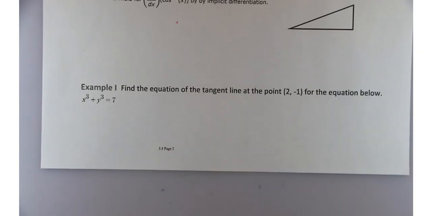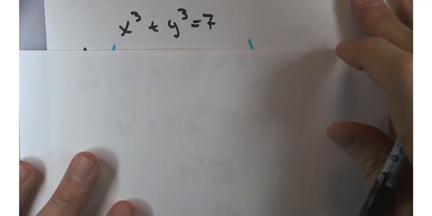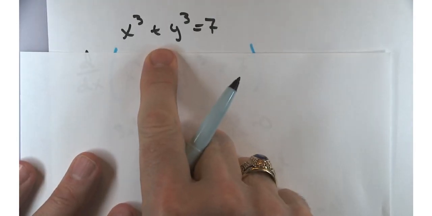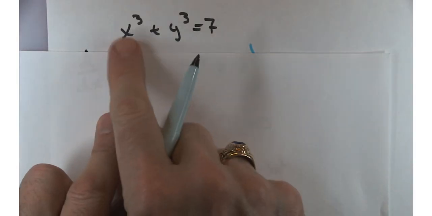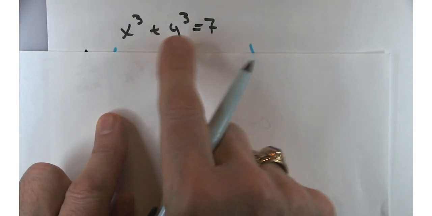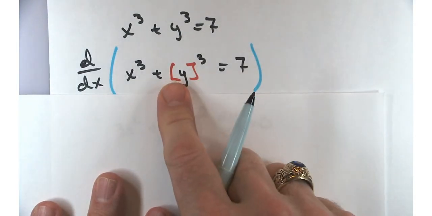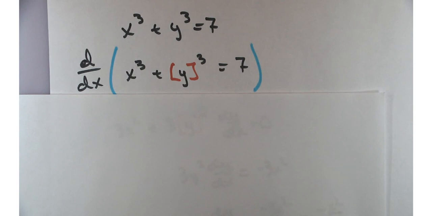Okay, so let's look at this one and roll through it. My suggestion on these, when you're differentiating with something other than this variable, is to put that other variable in some little box there so you remember to differentiate implicitly. You have to use the chain rule.